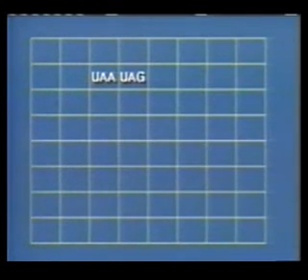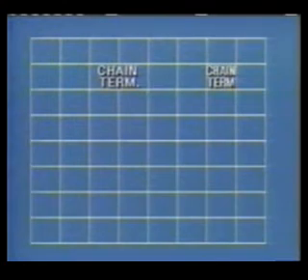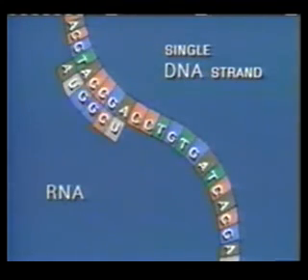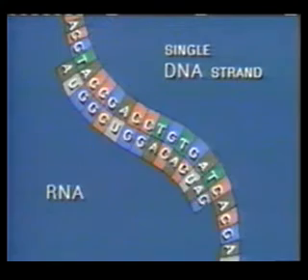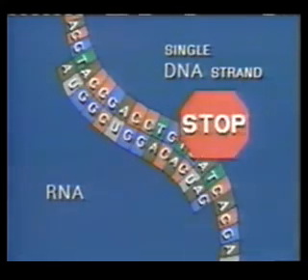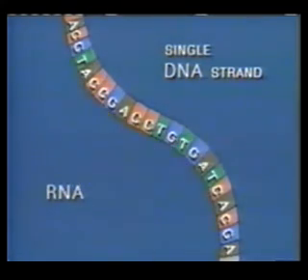Of the 64 combinations, 3 codons do not code for any amino acid. These codons serve as terminators. During the transcription of the DNA nucleotide sequence, a codon such as UAG signals the end of the RNA transcription process. Another codon, AUG, is unique in the genetic code. It serves a dual purpose.